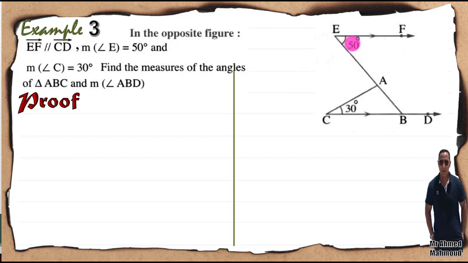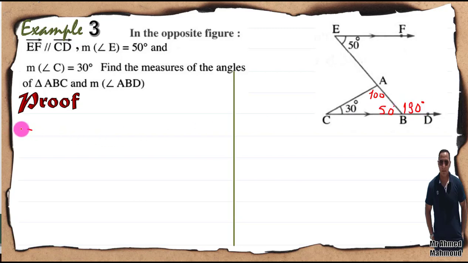Now first we have here 50 degrees. So I'm going to reflect 50 from here to here. So this angle equals 50 degrees. And also to find this angle, 180 minus (50 plus 30) equals 100. And angle B is exterior, so it equals 100 plus 30 equals 130 degrees.